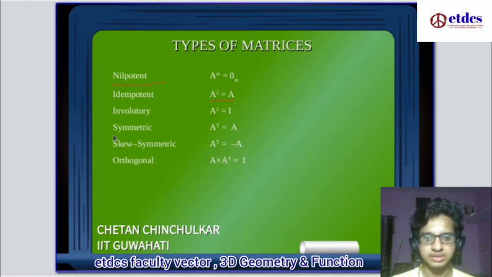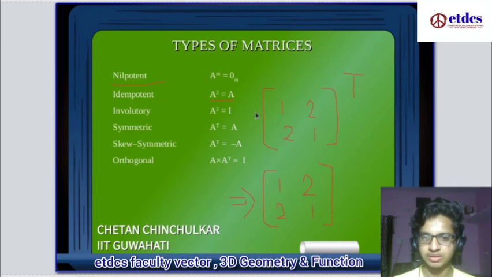So next is symmetric. What does symmetric mean? If we transpose a square matrix, we get the same matrix itself. For example, if I consider a 2 by 2 matrix, 1 2 and 2 1, and do its transpose, the row changes into column, so 1 and 2, and the second row becomes the second column.